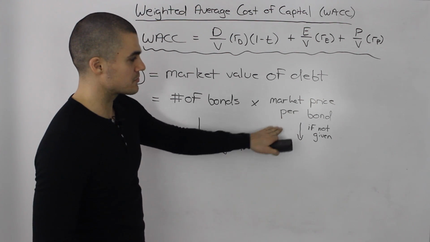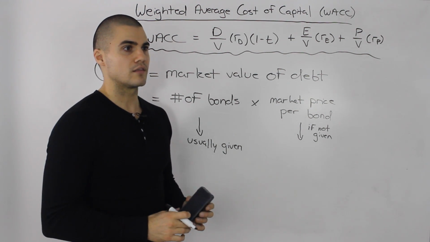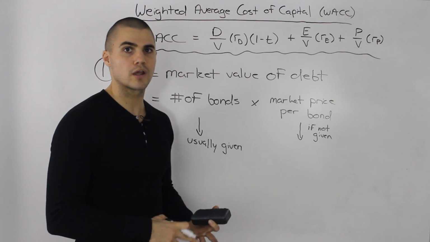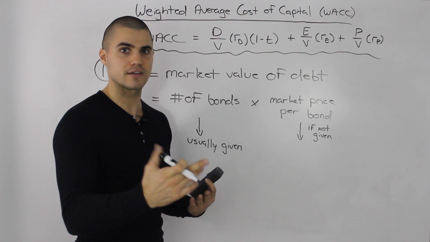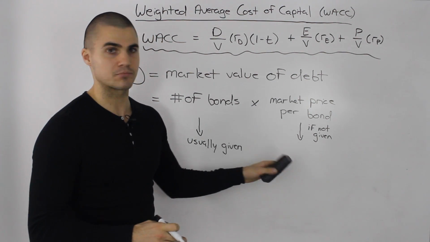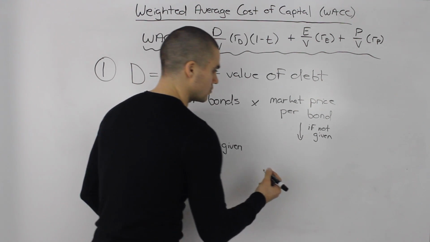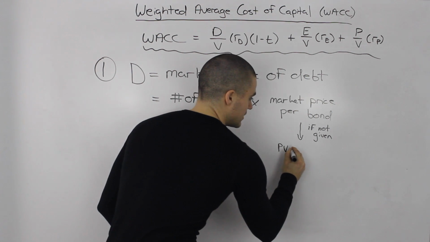However, if this market price per bond is not given, they'll probably give you the characteristics of the bonds they issued. They'll give you the coupon rate, what the yield to maturity is, what the maturity length is, and we'll be able to calculate the price per bond. And this is a review of the bond chapter. So all you would do here is in your calculator you would be solving for PV.